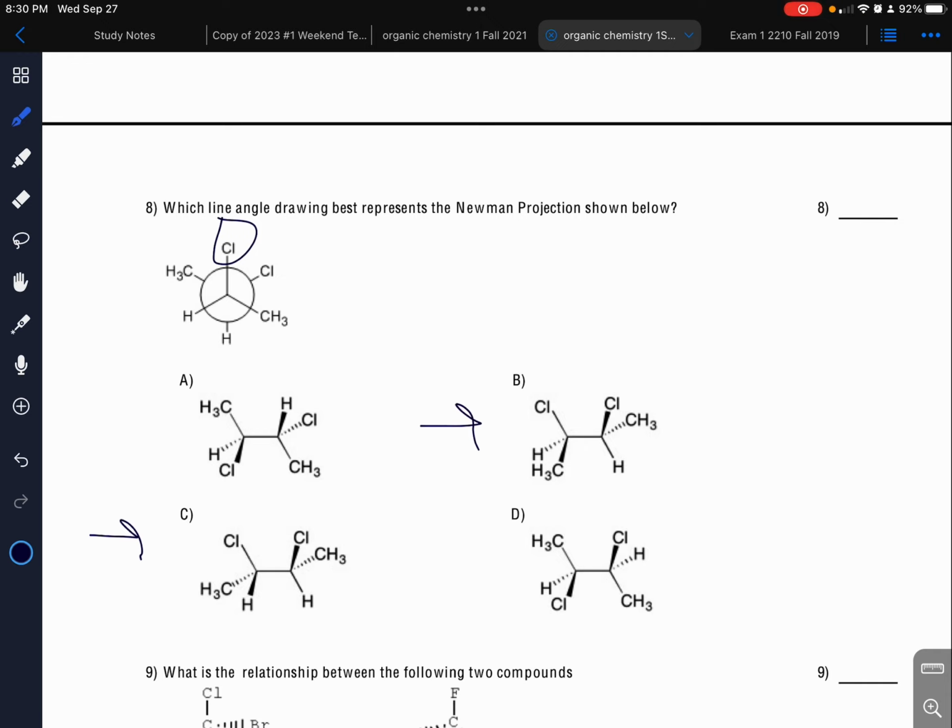So clearly it can't be C. So the Cl looks correct, my hydrogen's pointing down, my Cl on the other side, just like this methyl, is coming at me, and the CH3 in the back is going back, just like that hydrogen. So it's B.